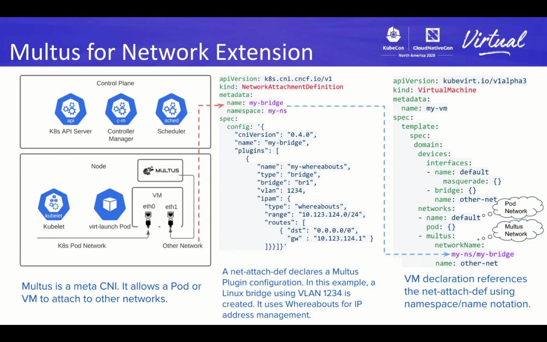It also supports a number of attachment mechanisms, such as bridge as well as SR-IOV. Once this YAML is applied, and the virtual machine YAML is applied, in the background the virt-launcher pod will create the necessary networking and QEMU environments to configure the VM, so it will just run as desired.